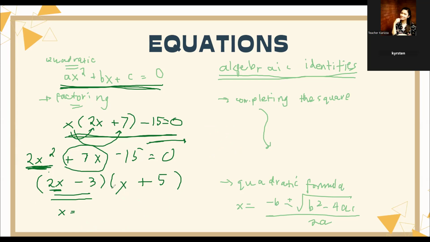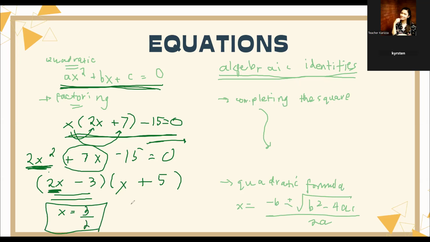Opo. What's the value of x for 2x minus 3? Three po. 3 lang. How about the 2? You still need to divide both sides. 3/2 po.